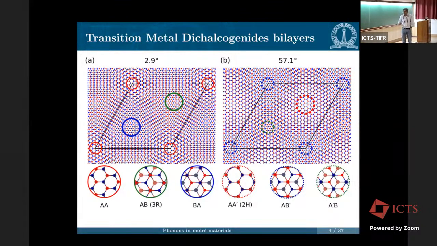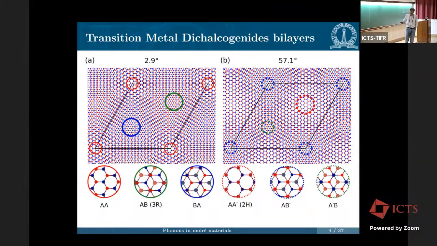Since Abhay has already given an introduction to TMDC bilayers, let me just briefly say what kinds of structures you form when you twist one layer with respect to another. If you take a TMD bilayer and rotate with an angle close to 0 degrees, then you get one kind of stacking, the AB and the BA, which are essentially the same stacking, and these are called the 3R stacking, if you wish.